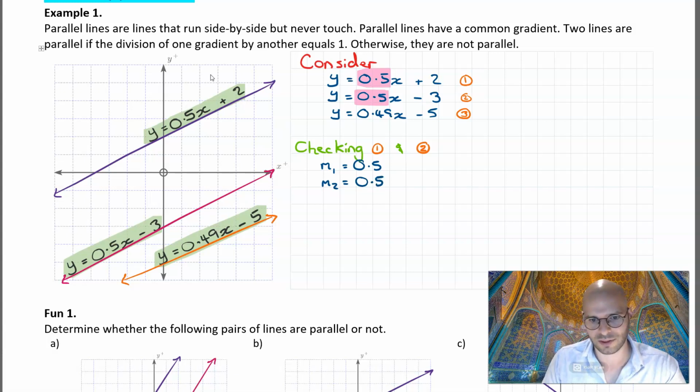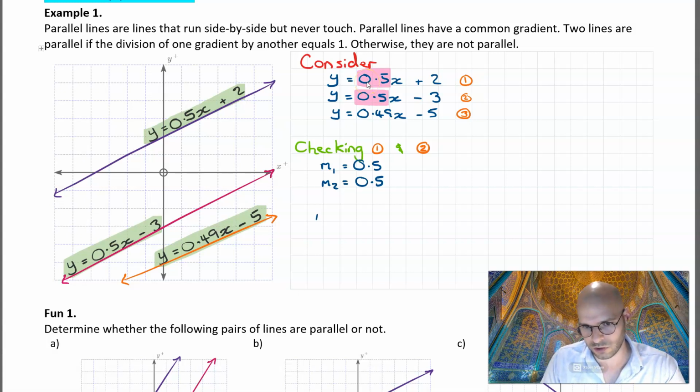Now, checking whether they're parallel or not, we're looking for a division operation that yields a result of 1. So if I divide m1 by m2 and I get 1, then it's parallel. If I divide m2 by m1 and it equals 1, then it's parallel. Anything else and it's not parallel.